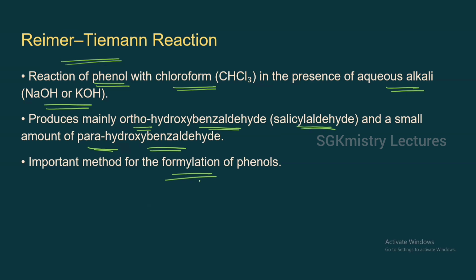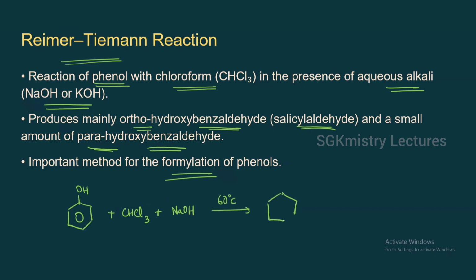So let us write the general reaction for this particular Reimer-Tiemann reaction. We take phenol in the presence of chloroform, and you can take NaOH or KOH. Let us take sodium hydroxide, 60 degrees Celsius.